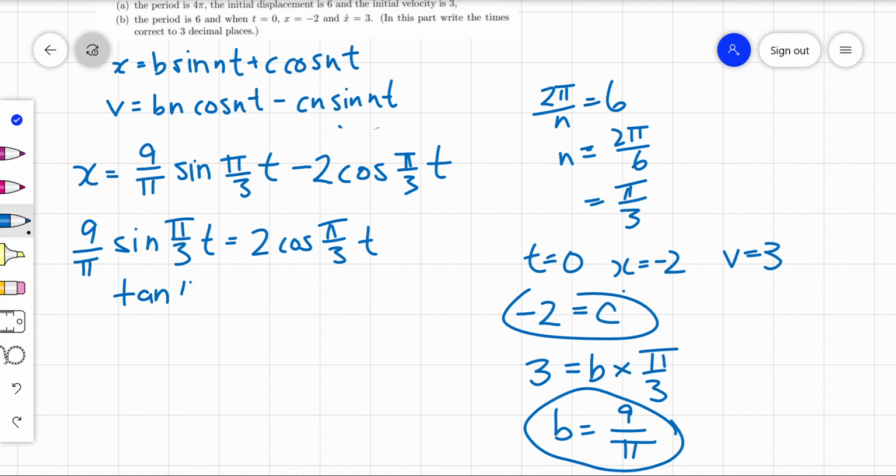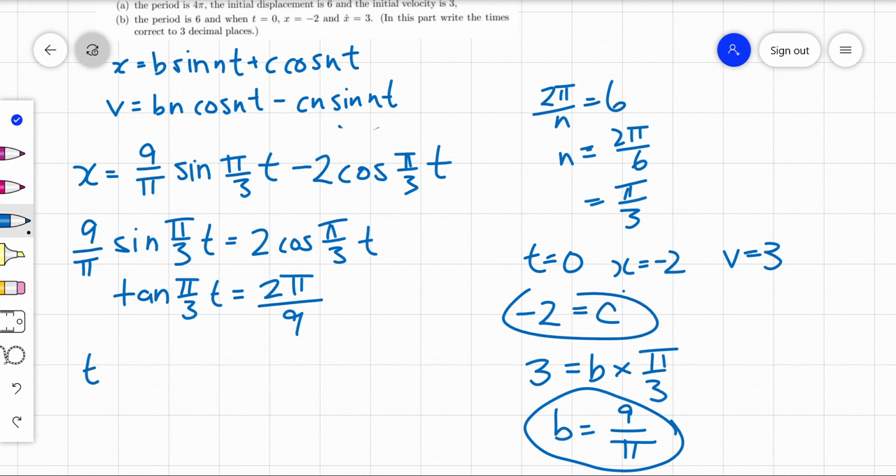So if I make it tan pi on 3 t, I have 2 times pi, divided by 9. Remember, it's the first 2 times. So this time tan is positive, so we're looking at the first and the third quadrant.